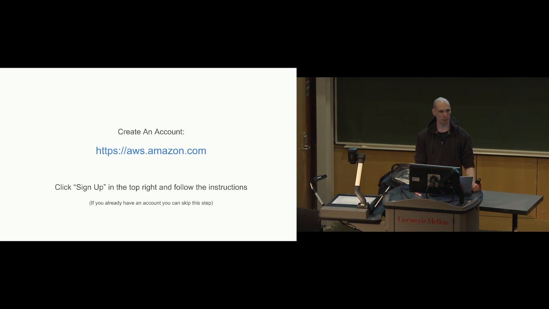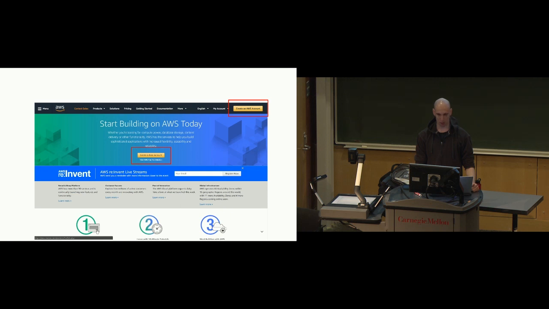And so now, if you haven't started to make an AWS account, let's start doing that. Can I get a show of hands of who has made an account or not? Okay, so everyone needs to make one? Cool. So go to aws.amazon.com.